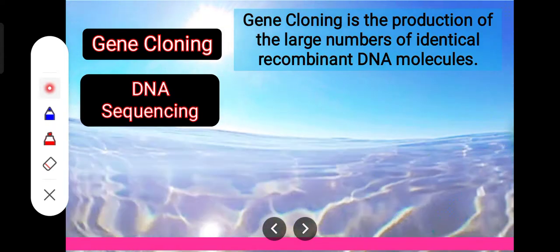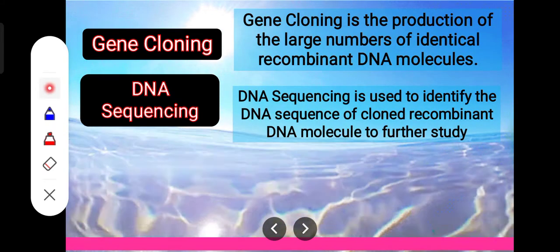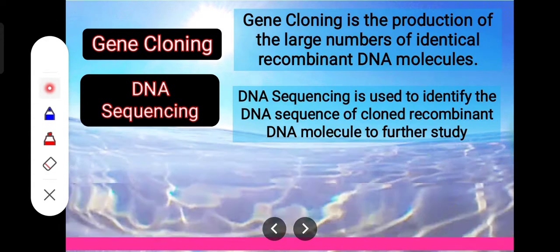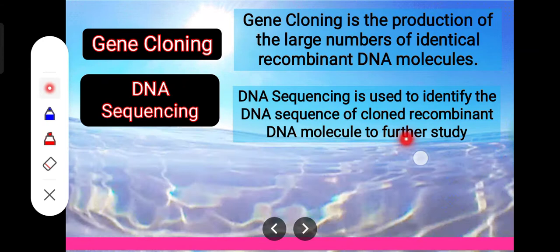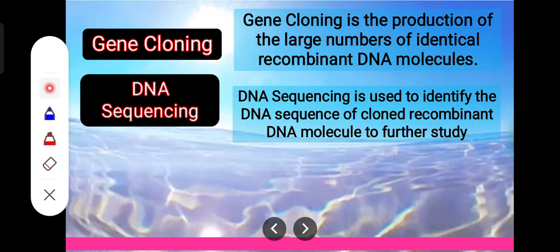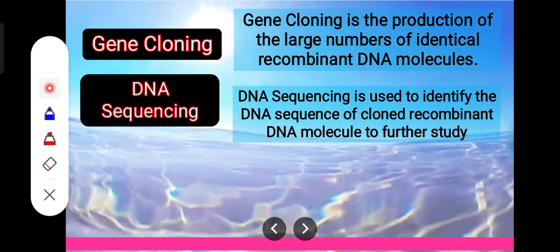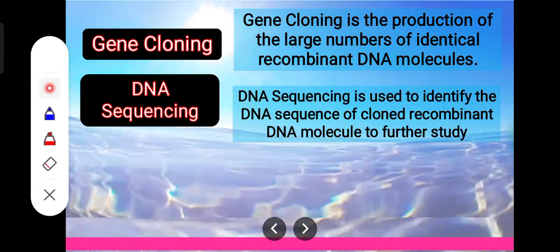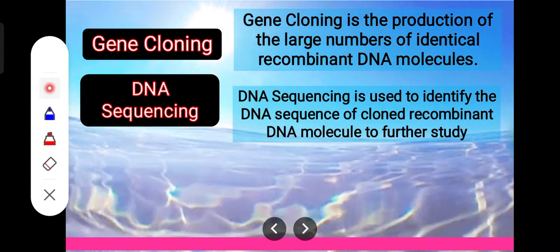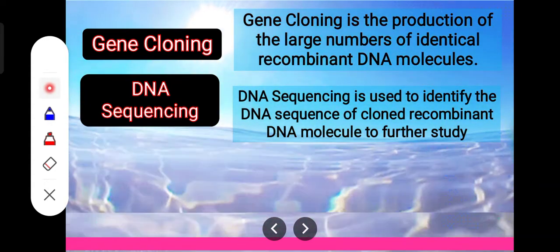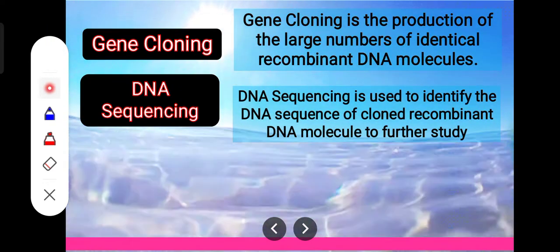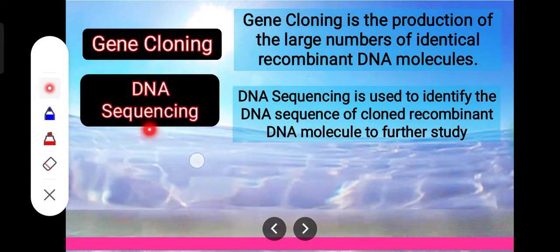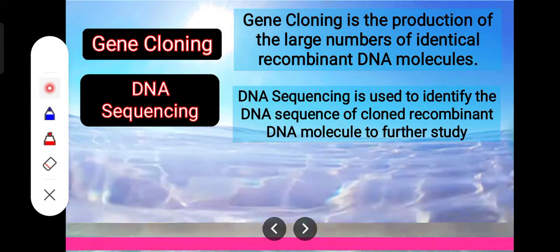We also have DNA sequencing. DNA sequencing is used to identify the DNA sequence of a cloned recombinant DNA molecule for further study. It is used to identify errors in the DNA sequences, to predict the function of a particular gene, and to compare genes with similar sequences from different organisms.